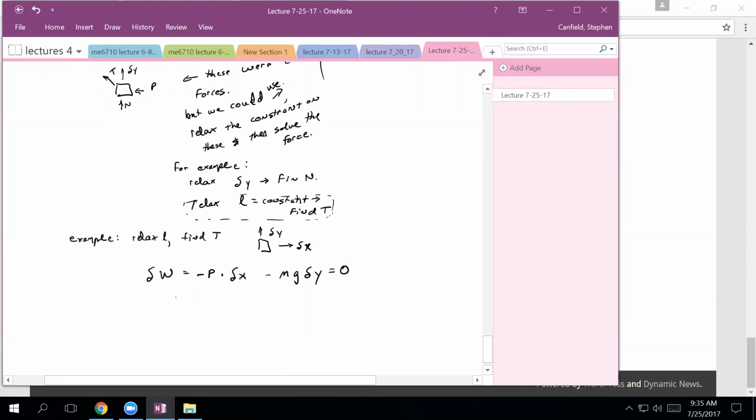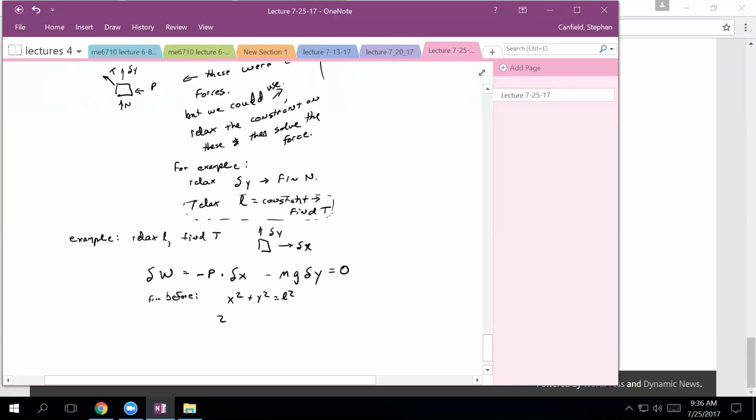But from before, I had the constraint that x squared plus y squared has to equal L squared. When I write this constraint in the variational form, I'm going to take the variation of this guy.